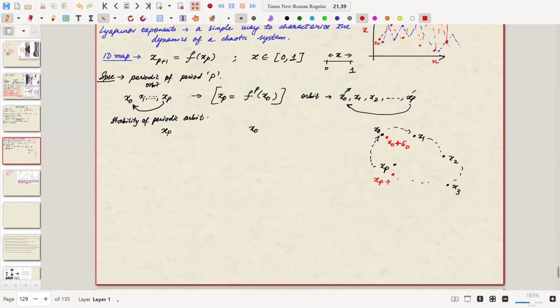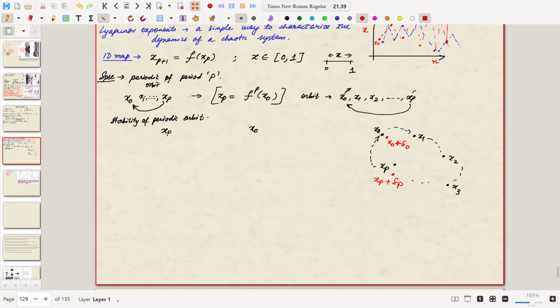So xp also gets affected. Say xp is affected by some perturbation delta p: xp plus delta p. So if you perturb x naught by delta naught, then the final point will also get disturbed, right? Let's say it is delta p. Now can you say what is the relation between them?